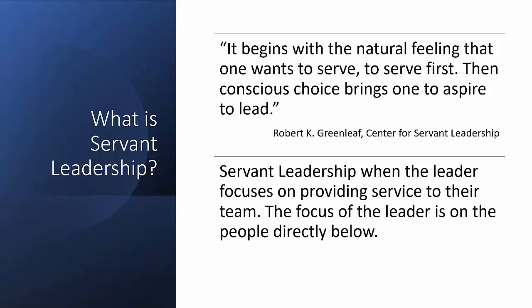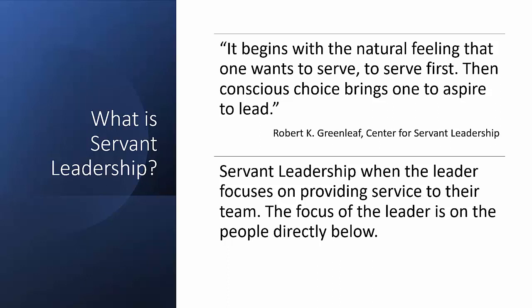This is very necessary in cases in which you have teams of experts, for example, where the team knows perfectly well what they need to do. What they need from the leader is a facilitator that eliminates roadblocks and enables their activities, right? This is a servant leader.